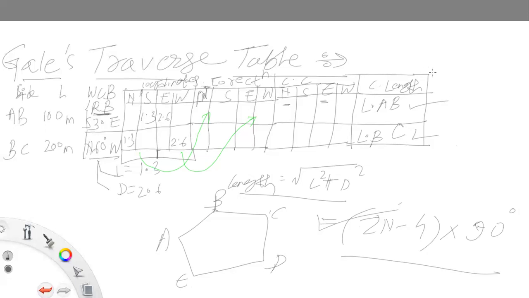One more thing you can add here is that you can prepare your whole traverse in the first quadrant. But for this, you need to apply the independent coordinates. I will not suggest you do this unless it is asked in the examination.